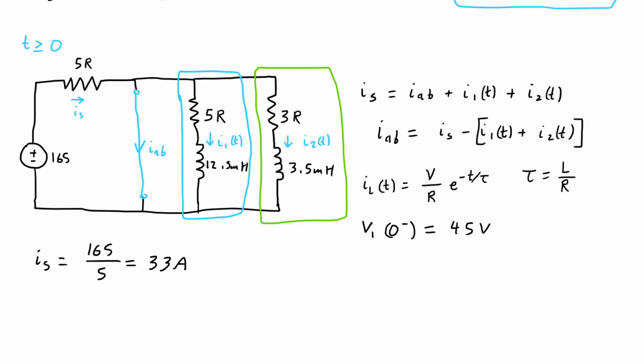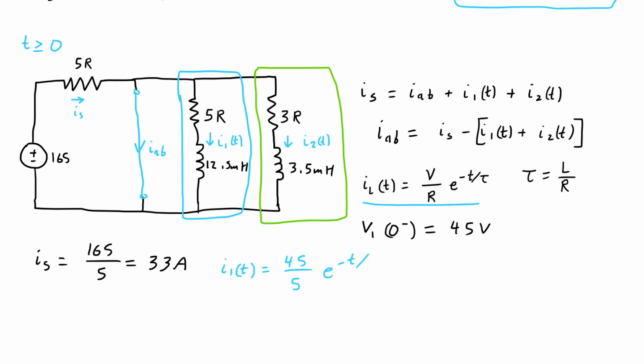Anyway, to find the inductor currents, I'm going to do this one in blue for I1. We're going to use our little expression here. I1 of t is going to be 45 volts divided by 5 ohms times e to the minus t over tau.